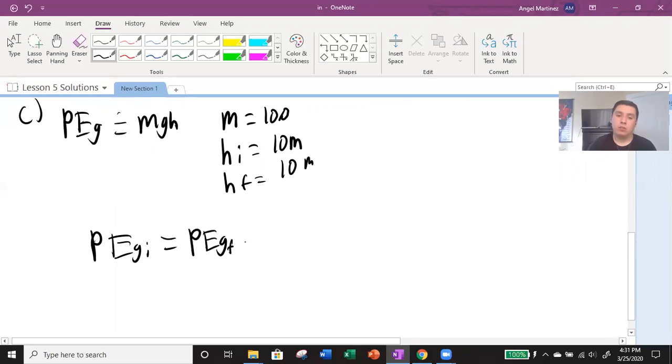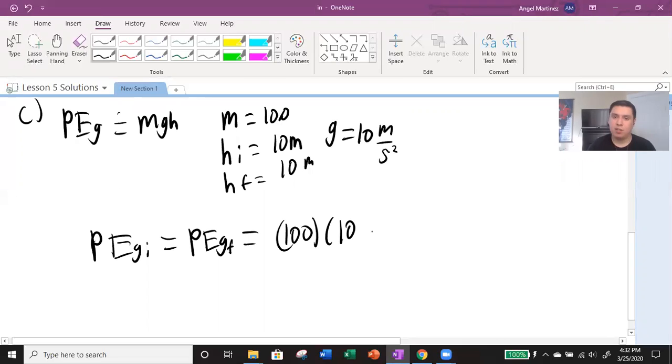So that's going to equal MGH, so 100 times 10. I said G is 10. Let me write that up here so you don't forget. Meters per second squared, that's just the units, times 10 again. So that's going to give you 10,000 joules. So that's the potential energy in the final case and the initial case.